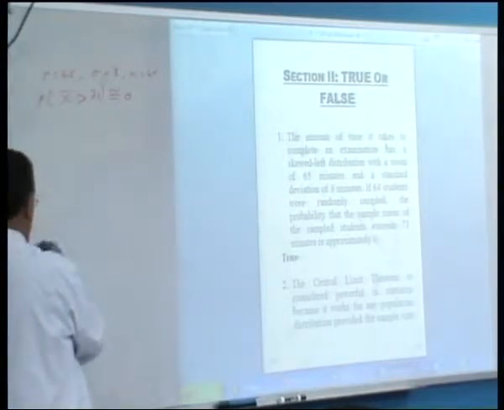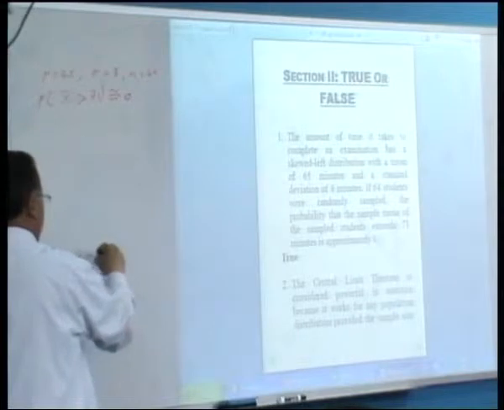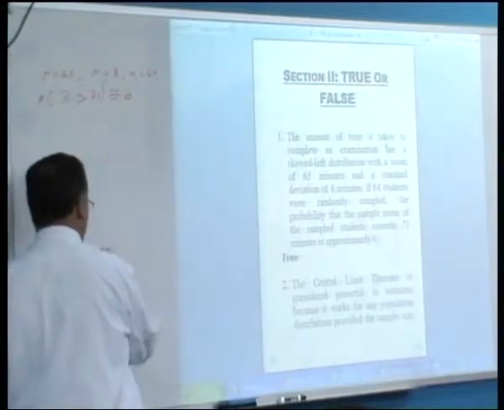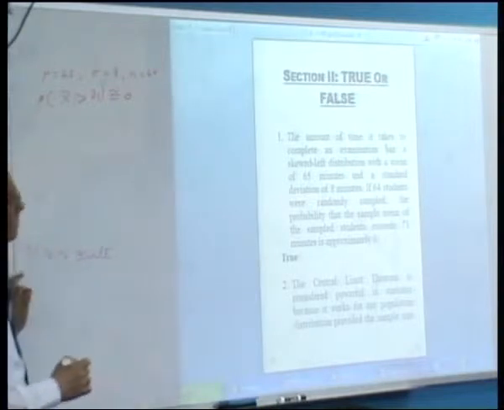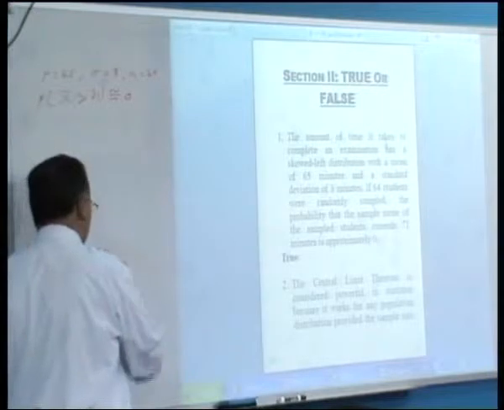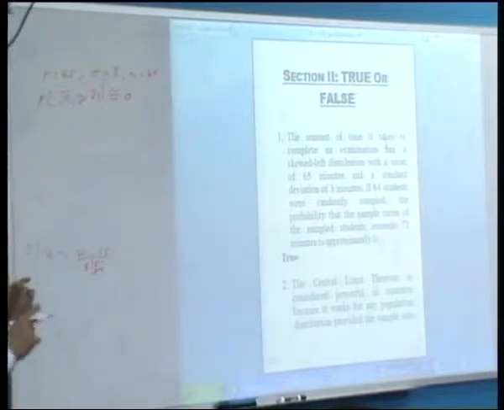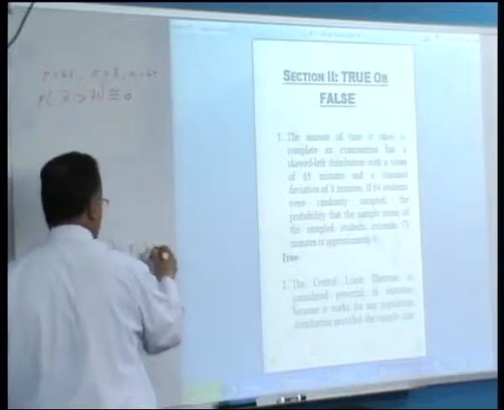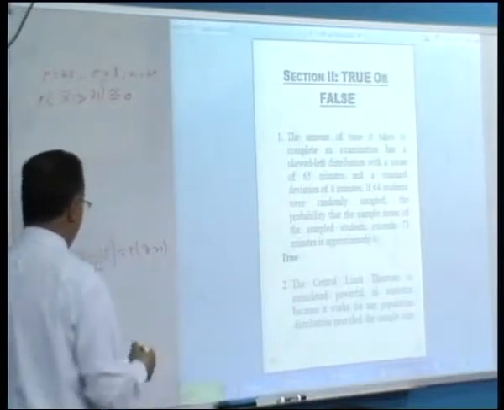First, convert to z: sigma over root n, sigma is 8, divided by the square root of 64, which is also 8... I'm sorry, 6 divided by 1 is 6. So z is greater than 6.